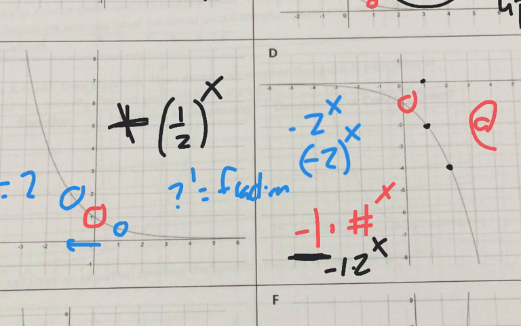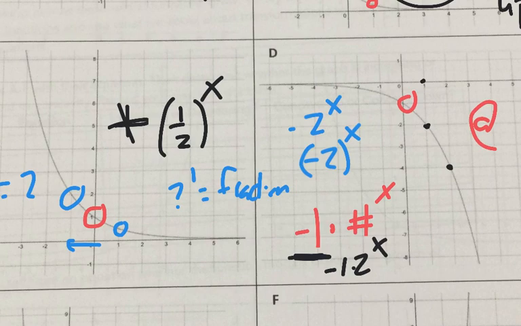What would happen if I plugged in a 2 here? What is (-2) squared? +4. But if I plug in a 2 here, 2 squared is 4 times -1, which is -4. So those are different equations. Just beware of that.